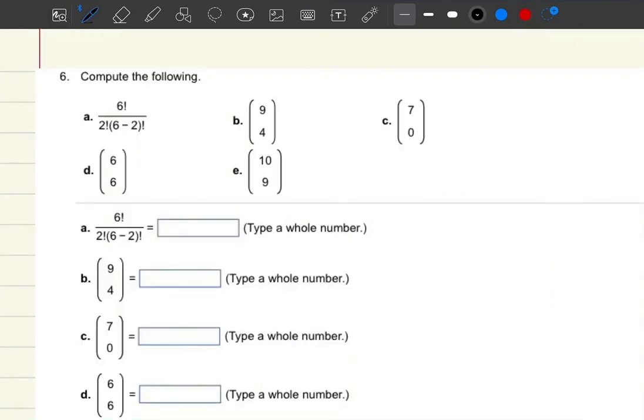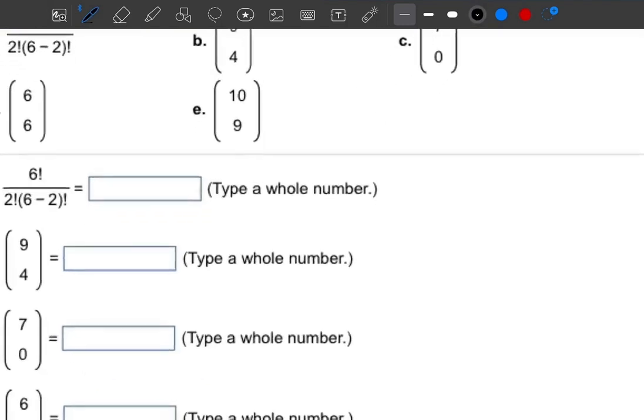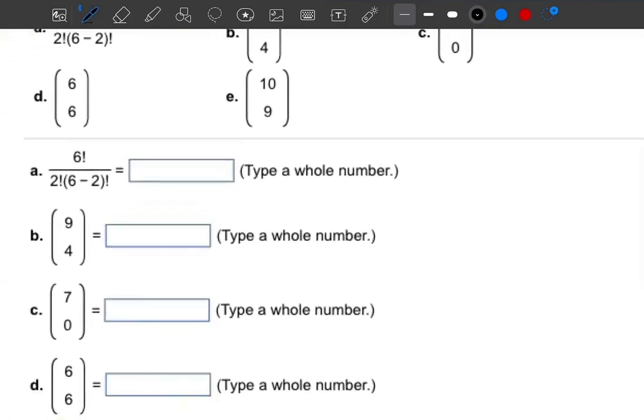Let's move on. So here, 6 choose 2 is equal to 6 factorial, which is 6 times 5 times 4 times 3 times 2 times 1, divided by 2 factorial, which is 1 times 2, and 6 minus 2 factorial is equal to 4 factorial.